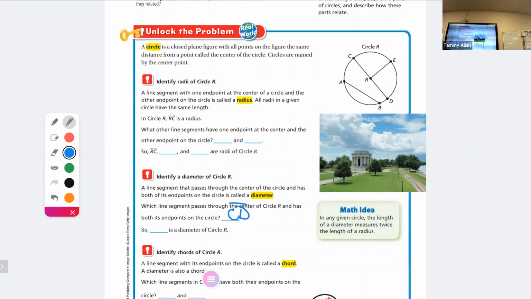So the diameter of circle R is segment CD, or we could call it segment DC, as long as you name it by its two endpoints. We don't name it by 3 points, we name it by its two endpoints. But it has to go through the center. The two endpoints have to be on the circle.